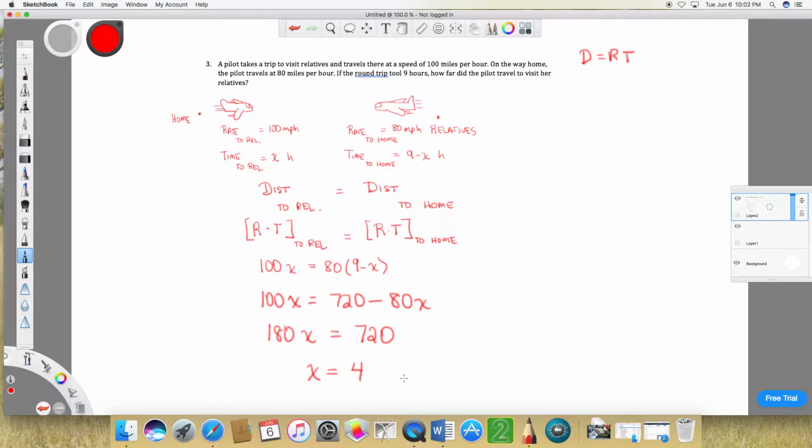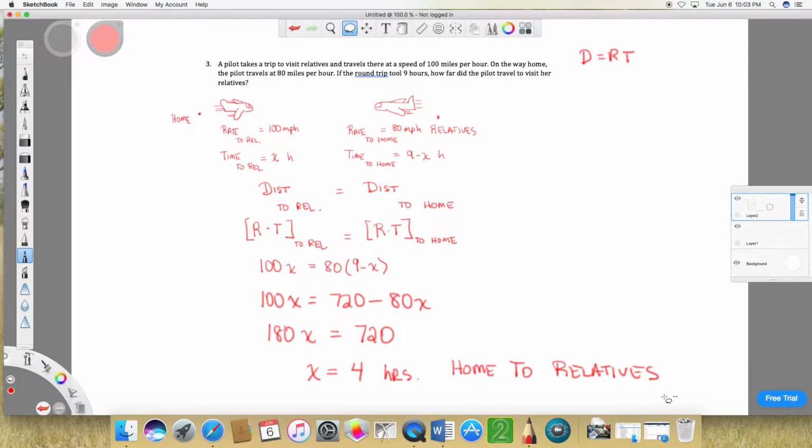Yeah, that's a much more reasonable answer, that it took 4 hours to fly from home to the relatives. So we know that it took 5 hours then to fly back, but that's not what it's asking.